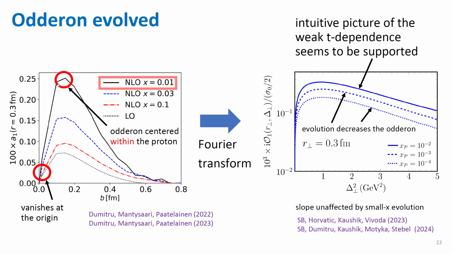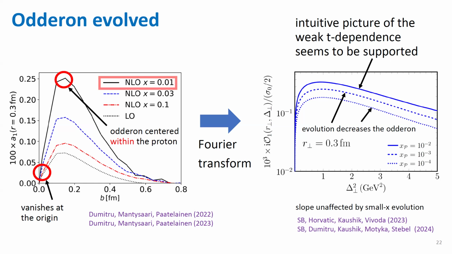That is the Fourier transform of this black curve here. And indeed, you can see that this has a rather weak t dependence. So somehow this intuitive picture I mentioned previously seems to be supported. And then, this is the initial condition. Then as you evolve, the Odderon decreases, and this is coming from the nonlinear corrections in the evolution equation. But interestingly, the slope is not affected by the evolution equation.